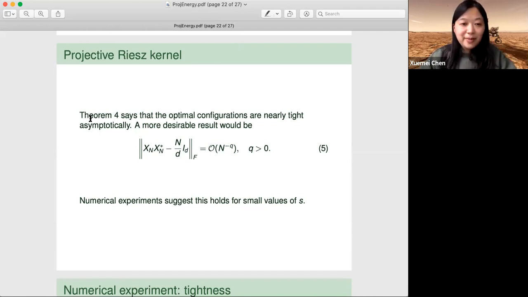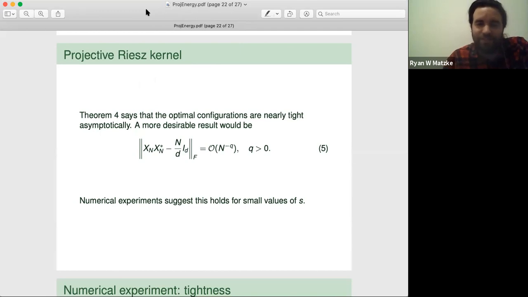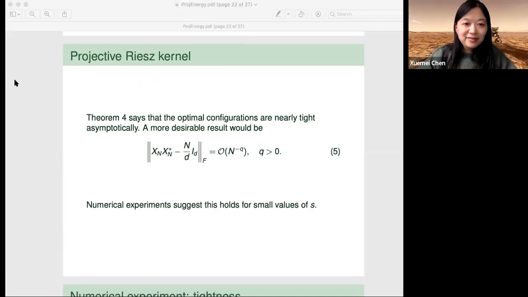Can you still see my screen? We can see your slides, only the slides. I can reshare. I just have a lot of papers open. Is it okay if I just share that paper? Sure.